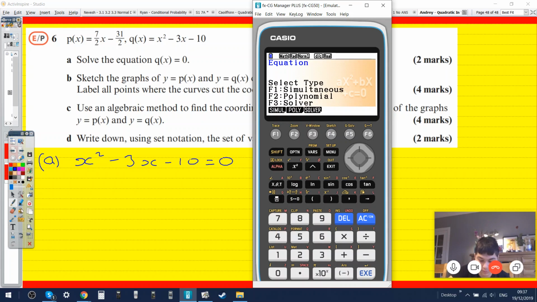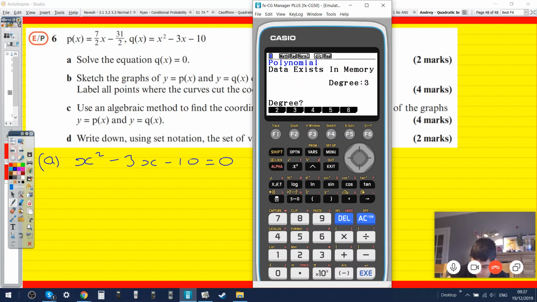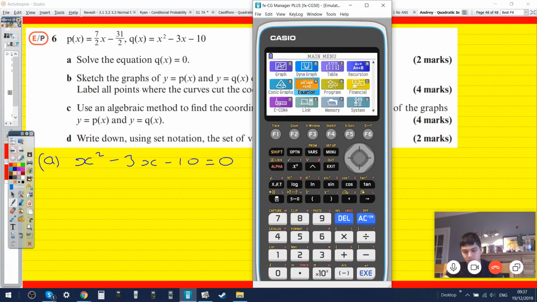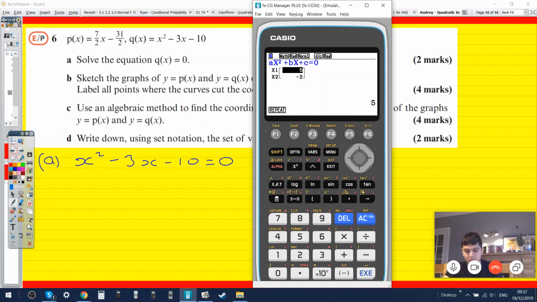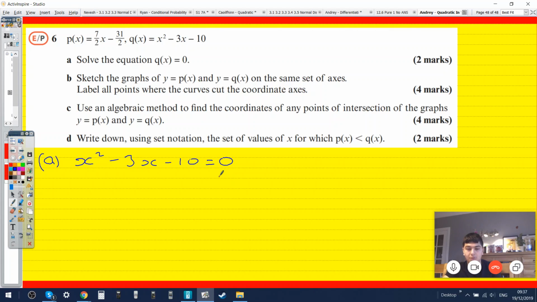Okay, part B. And do you know where the quadratic solver is on the graphical one? So that one's just menu and equation. So same place, and then you just put them in. Okay, part B.